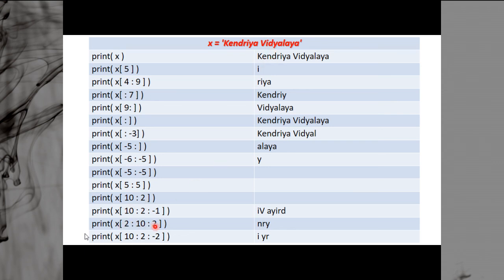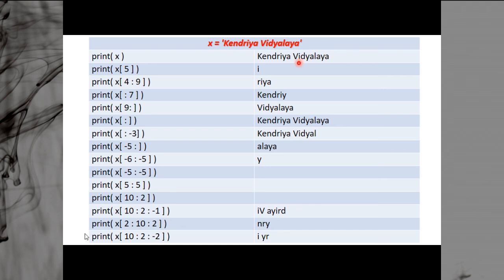Similarly, 2 colon 10 colon 2, so starting from 2 to 10, with a jump of 2. 2 is your N, so N, then R, then Y, then space, and 0 1 2 3 4 5 6 7 8 9 10.